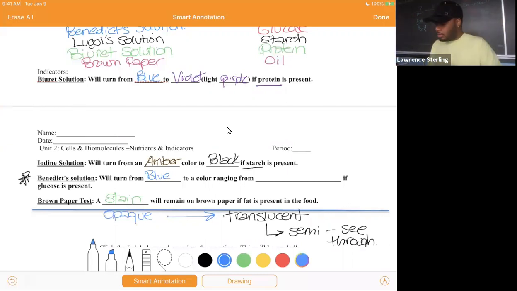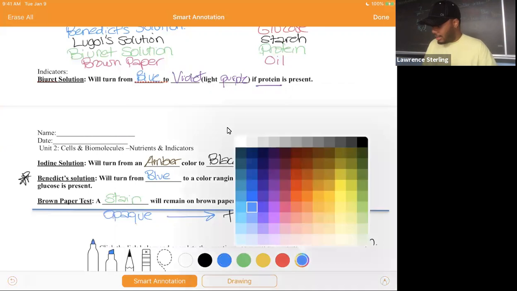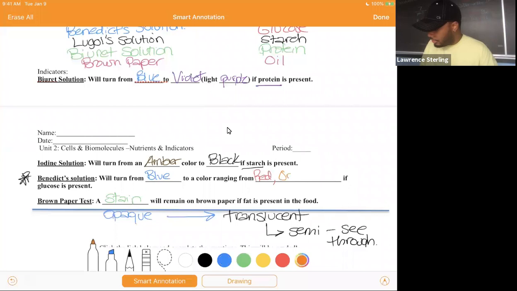But Benedict's test is really special because it goes from blue to either red, which indicates a ton of glucose is present, to orange, which means that there's a good amount of glucose present, to yellow, which means there's some glucose present, or green, which means that very little glucose is present. So red, orange, yellow, or green, okay? That might come up again.